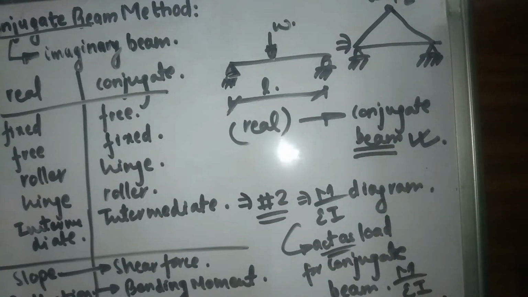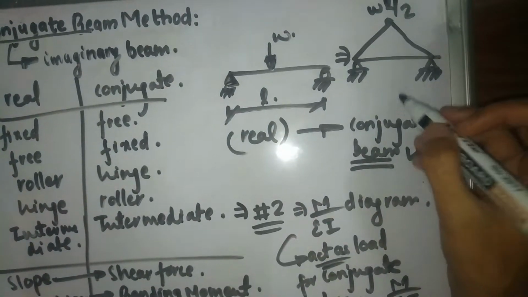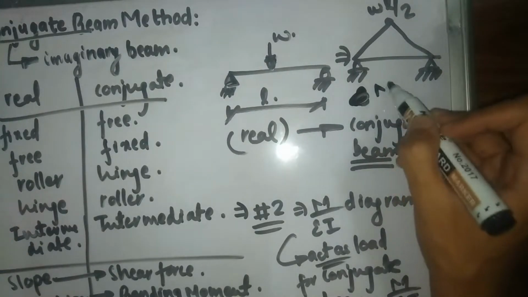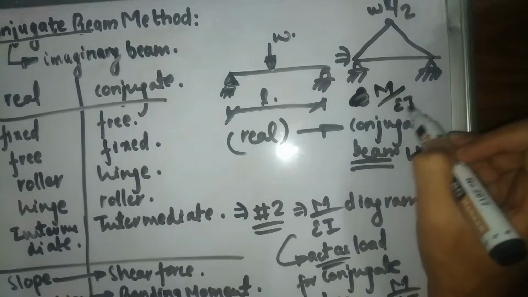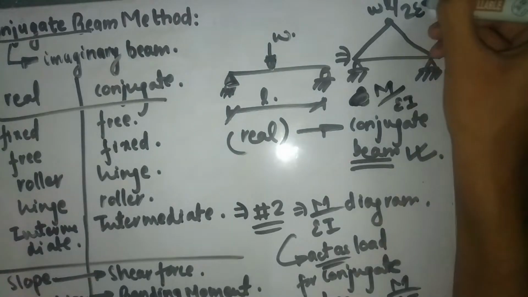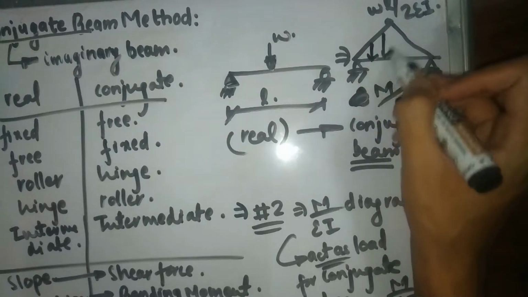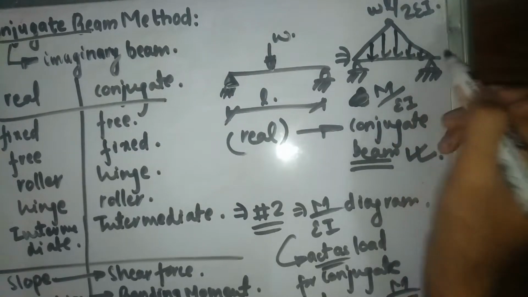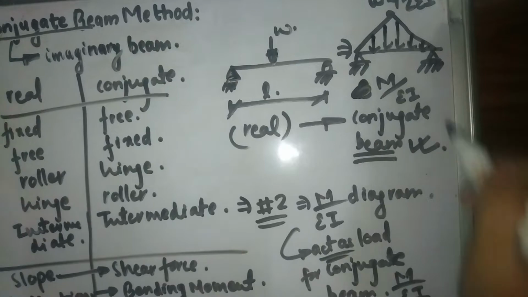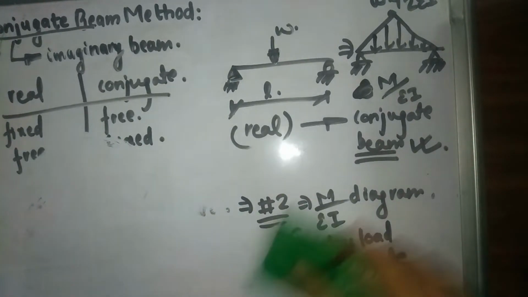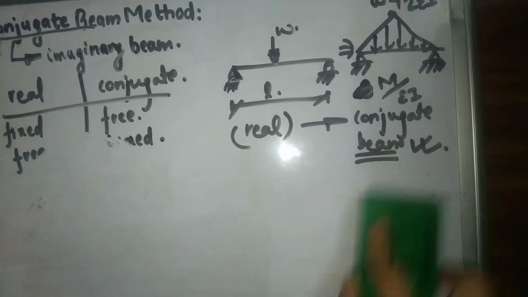This is my bending moment diagram, the M diagram. If I divide this by EI, this will act as load. So this is going to be simply my conjugate beam. So let me draw all of this. This was my rule 1, this was my rule 2. Let me just focus more on my conjugate beam.